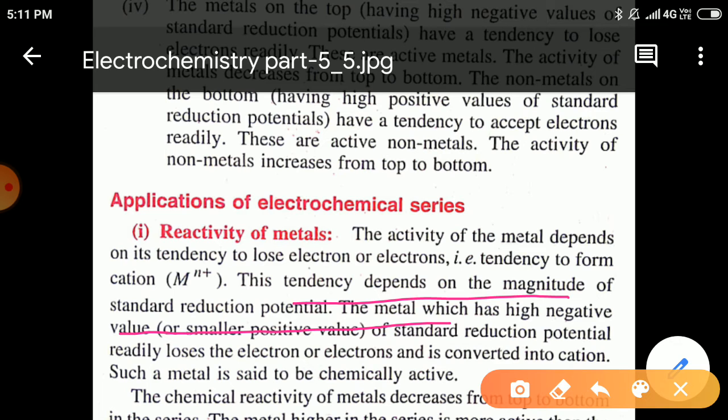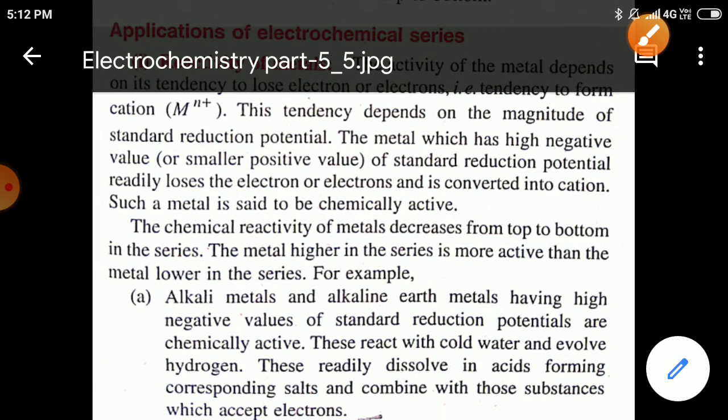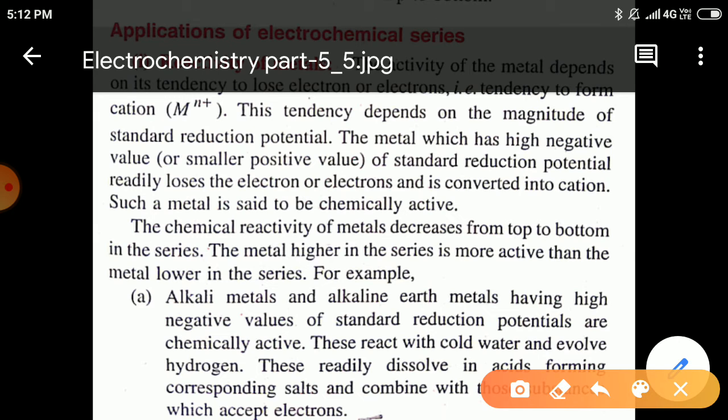The metal which has a high negative value of reduction potential frequently loses electrons and converts into its cation. Such a metal is said to be chemically active. The chemical reactivity of metals decreases from top to bottom in the electrochemical series.